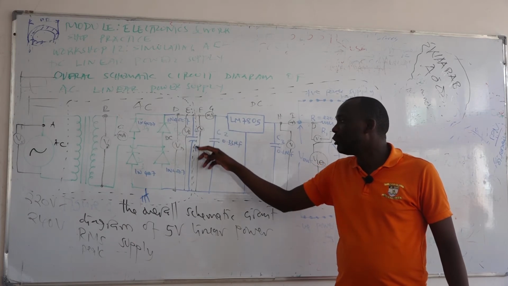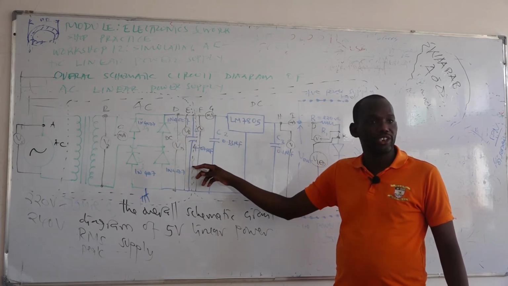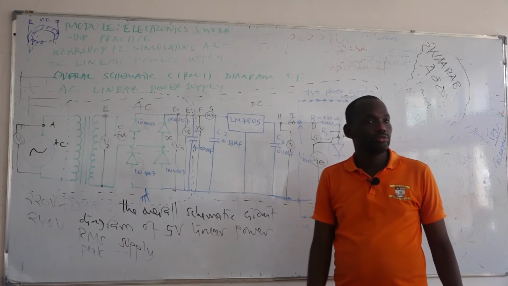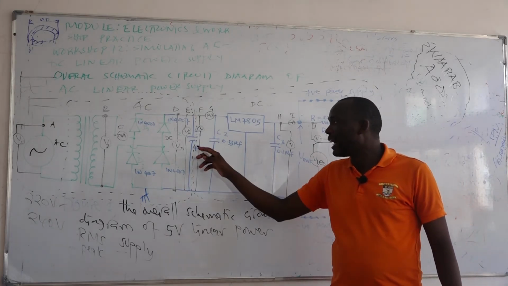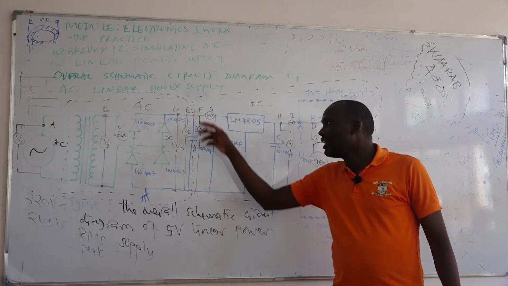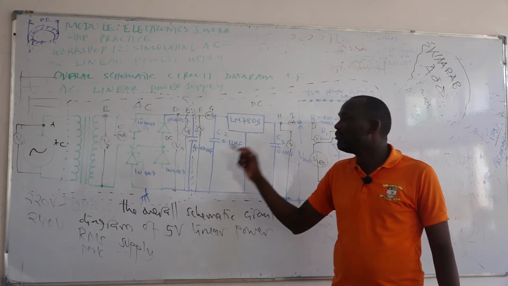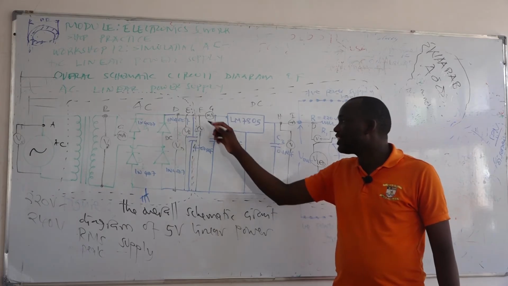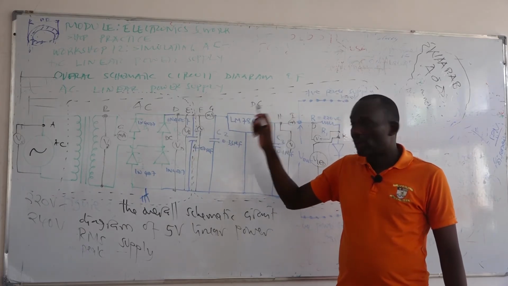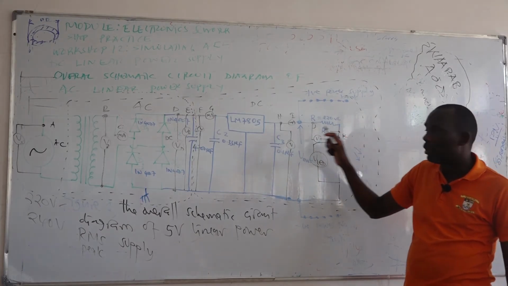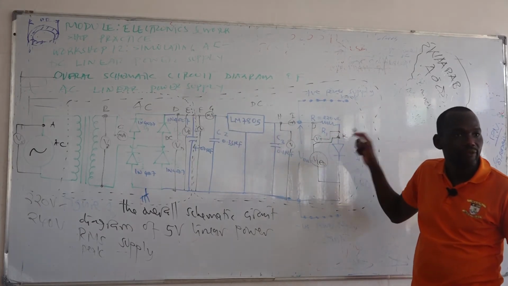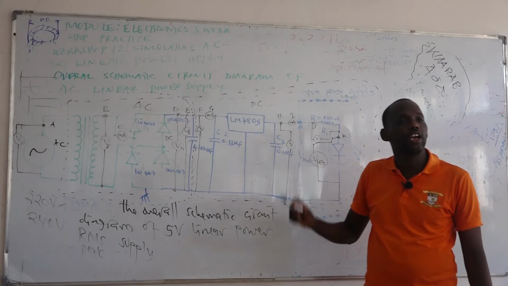So all the AC will be flowing through the filter and going to the ground. But remember that the capacitor provides infinite capacitive reactance against the flow of DC. So at this junction, only DC power will be allowed to flow towards the voltage regulator.